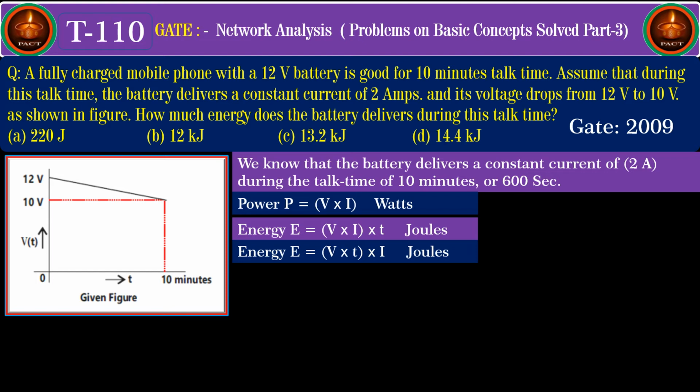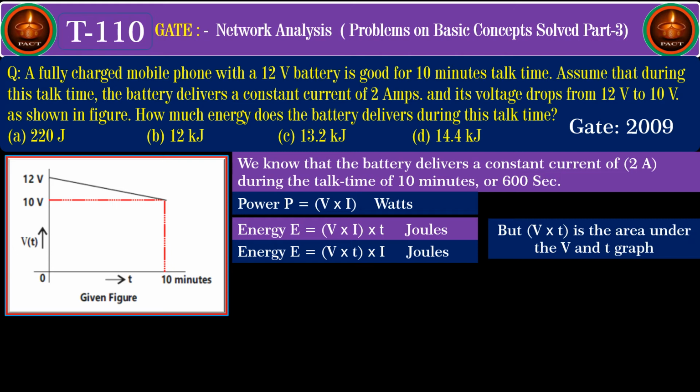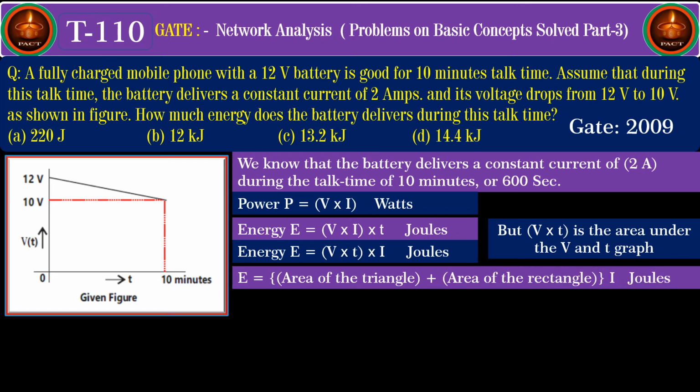I is constant and is equal to 2 amperes and voltage is varying with respect to time and the graph is given and we can utilize this information to solve the problem very easily. So, you see that V into T is the area under the curve V and T as shown in the graph.